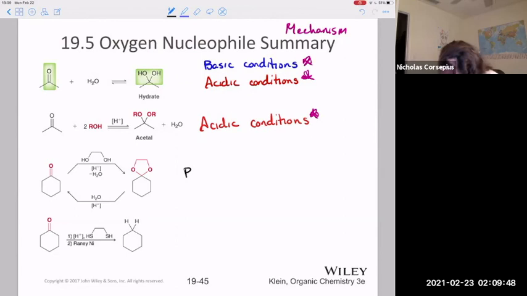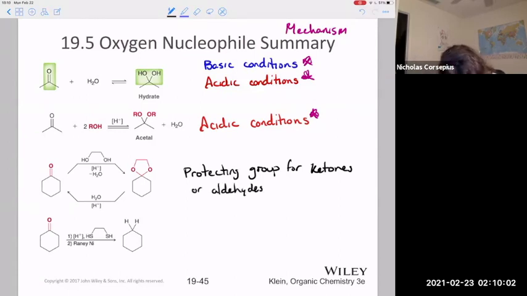The reason why this was special is because it can be used as a protecting group for ketones or aldehydes. You should know the mechanism for this, but again, it's the exact same as this one here.